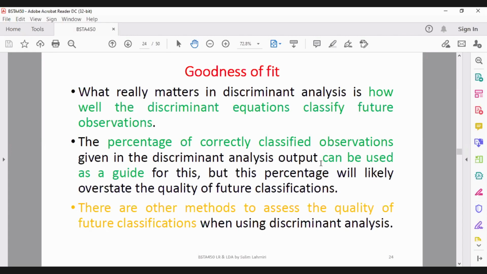The percentage of correctly classified observations given discriminant analysis outputs can be used as a tool to evaluate the performance, but this percentage will likely overstate the quality of future classifications. There are other methods to assess the quality of future classifications when using discriminant analysis.